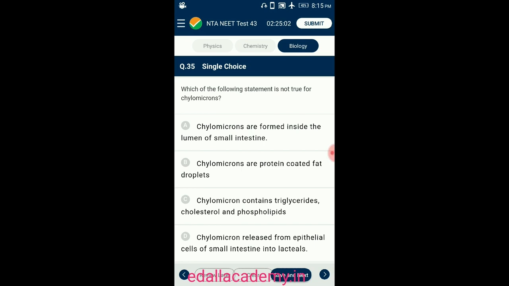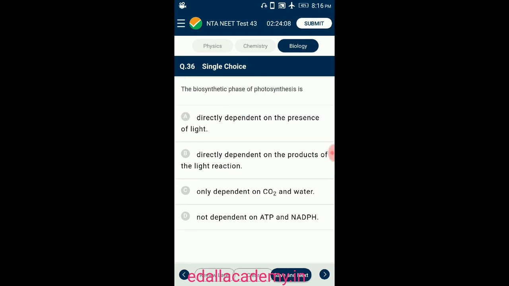These micelles are released into intestinal epithelial cells where they again join to form small fat droplets or triglycerides covered by a protein layer and called chylomicrons. These are ultimately released from the epithelial cells to lacteals or lymphatic vessels. So the answer for this question is option A. Chylomicrons are formed inside the lumen of the small intestine.